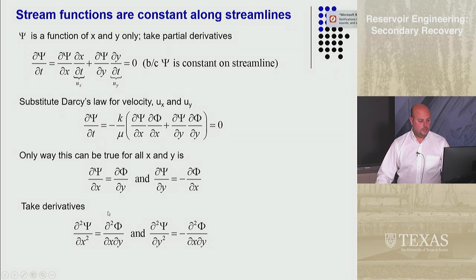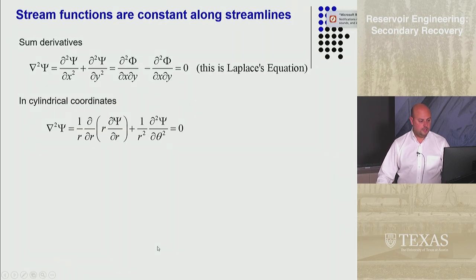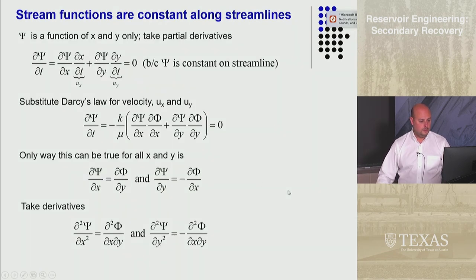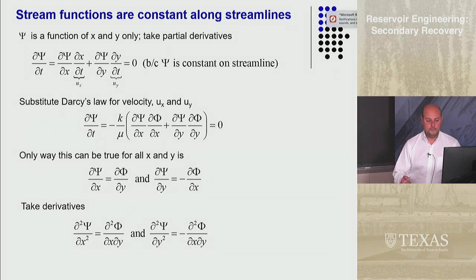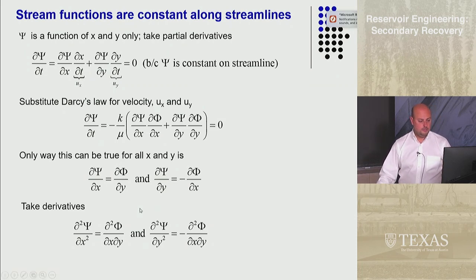So this right here plus this is clearly 0 because they're exactly the same thing except one's got a negative sign in front of it. If this plus this is 0, then that means that this second derivative of our stream function with respect to x squared plus this second derivative of our stream function with respect to y squared must be equal to 0.